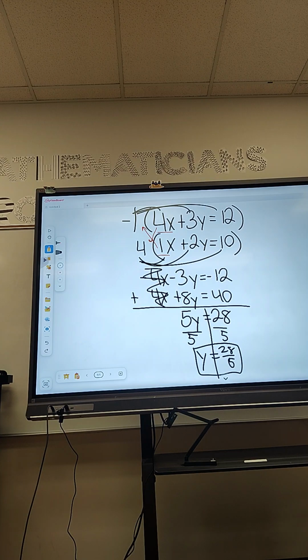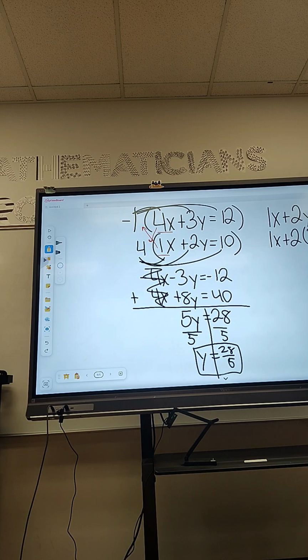I personally pick the one that always looks easiest to me, so the one with the easier numbers, like this 1x plus 2y equals 10. I'm just going to rewrite it, 1x plus 2y equals 10. And now that I know that my y is 28 over 5, I can replace the y with that 28 over 5.